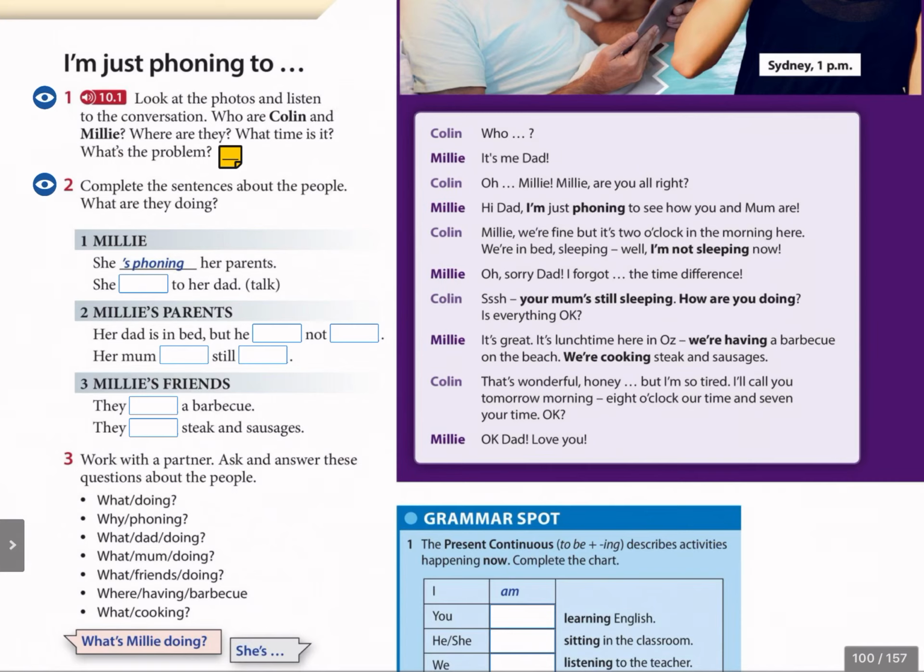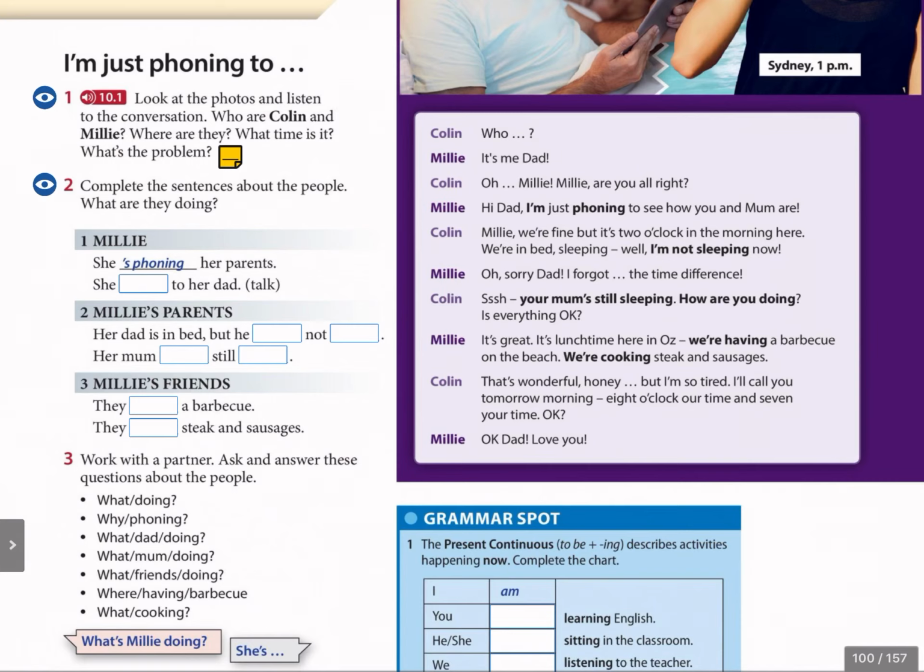We have said that the negative form is exactly what we know about negative forms for the verb to be. The same goes with questions. So we simply put the verb to be in the first position, then we have the subject and then the main verb with the suffix ing.